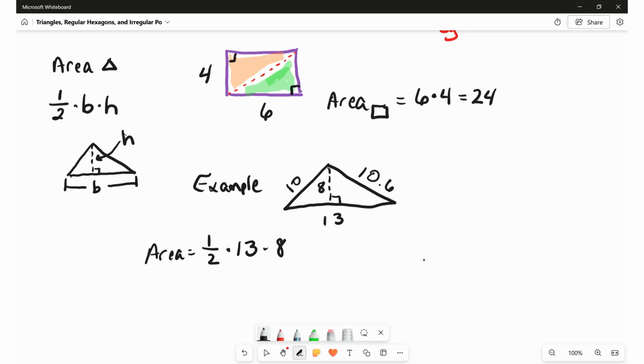And the height is that, we call it an altitude, but it goes from the topmost point to the base, forms that right angle. When we throw that into our calculator, we get an area of 52 square units. Now, you do need to remember, area is measured in square units.